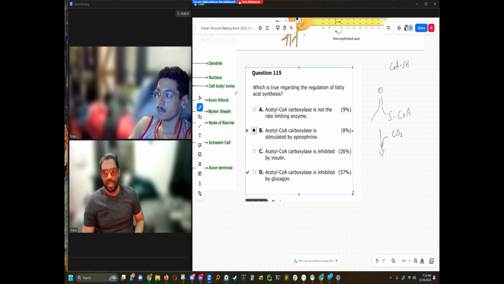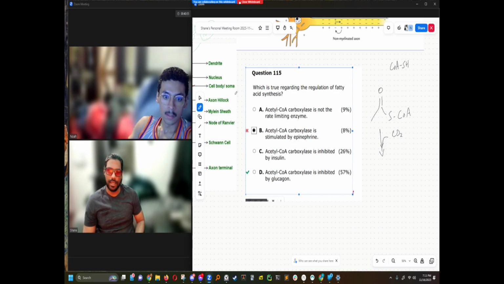And in the Krebs cycle, you'll see a lot of examples of decarboxylases. Decarboxylases will do the opposite. They remove a CO2. Got it.